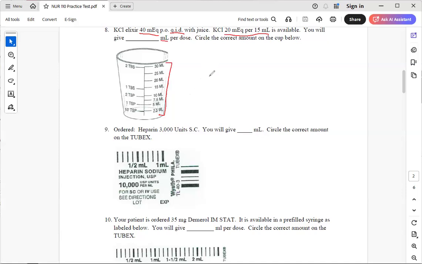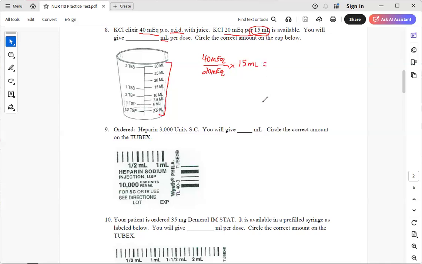Okay. But you're just going to do order over available. I think most everyone is comfortable with that. You take your 40 milliequivalent order divided by the 20 milliequivalent. And here's where most students will get these types of questions wrong: for the quantity, they'll put 1, but the quantity here is 15.